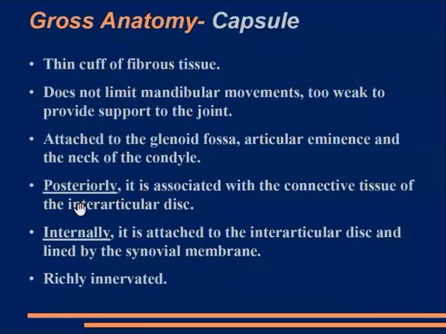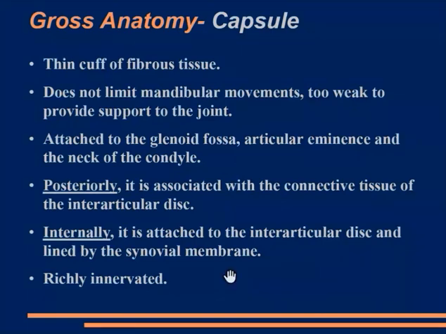Posteriorly, the capsule is associated with the connective tissue in the posterior region of the intra-articular disc, which we call the retrodiscal pad. And from the inside, it is wholly attached to the intra-articular disc, and it is wholly lined by the synovial membrane.